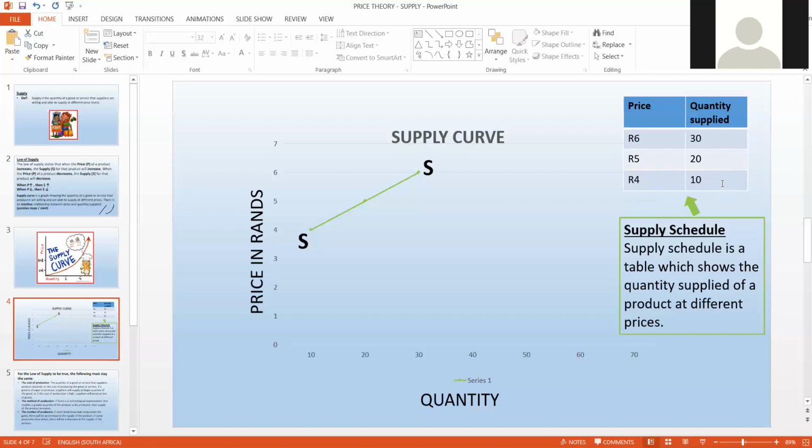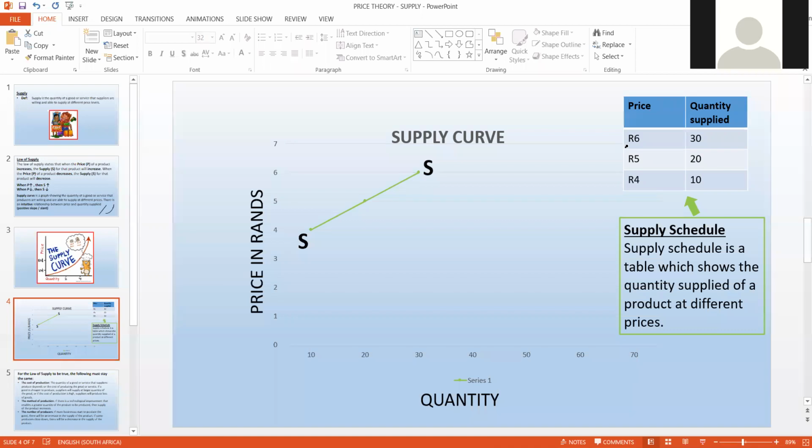Okay, so this is our supply schedule. Let's plot this now on a graph. Once again, there's our price in rands, there's our quantity on the x-axis, and we need to use the same increments so that our graph will be in a good relationship. So let's have a look at the first one.